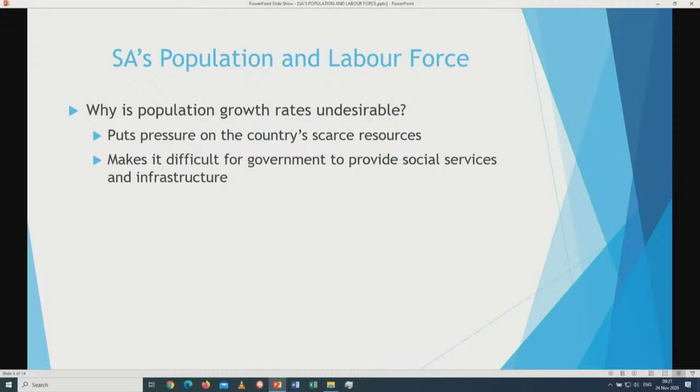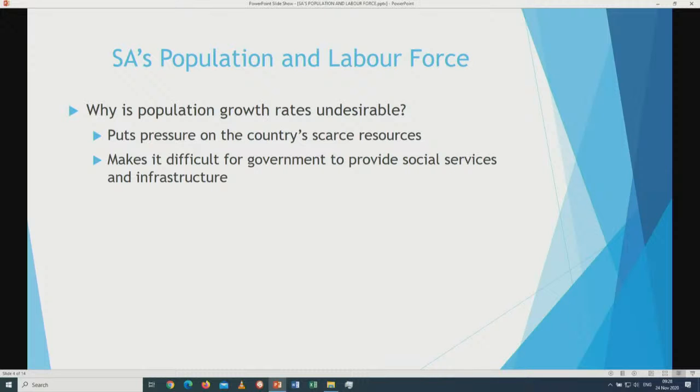And the other one is the provision of infrastructure. The government is responsible to provide schools, hospitals, roads, early childhood development centers. But if the population grows above the revenue that the government makes, then that's a problem. The government will not be able to provide all these amenities for everybody.